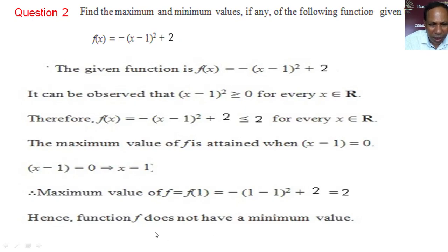Hence function f does not have a minimum value, because this quantity minus of (x minus 1)² approaches minus infinity for infinitely large values of x. So this sum approaches minus infinity. That means we cannot have any specific minimum value of the function, but we do find the maximum value of the function.